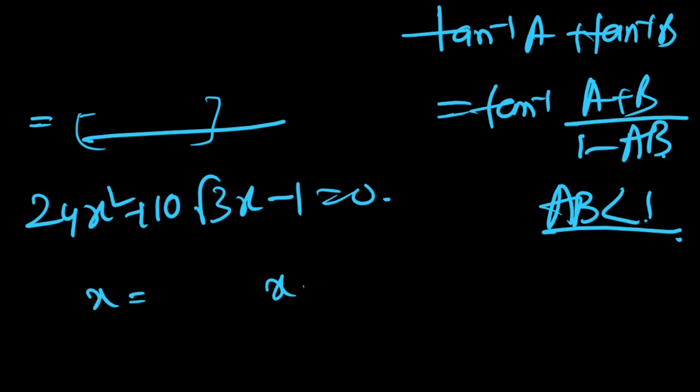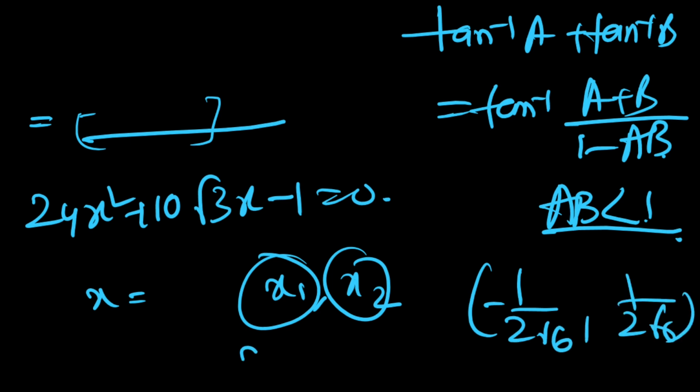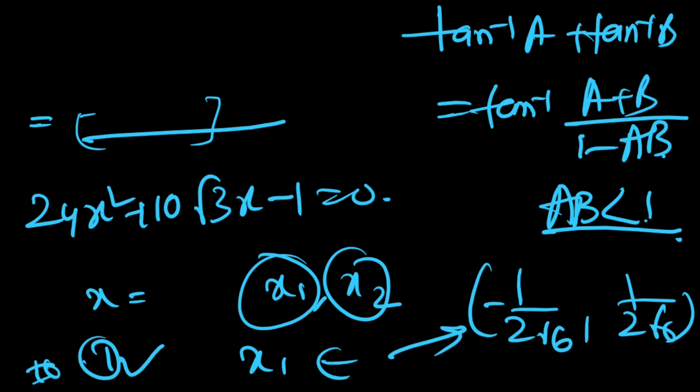There are two solutions, x1 and x2, then we check which one lies in our interval, minus 1/(2 root 6) to 1/(2 root 6), and we see that x1 lies in this interval, so therefore the number of solutions is 1. So we got our answer.